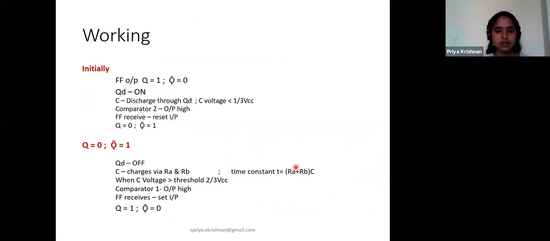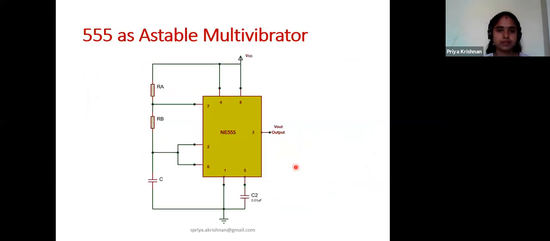So this is the working, what I explained, that is given in words here. So Astable Multivibrator: all the structures we discussed went into this pack, so no need to worry about those two comparators, flip-flop and transistor. The only thing you have to worry about is the external two resistors and one capacitor you select.